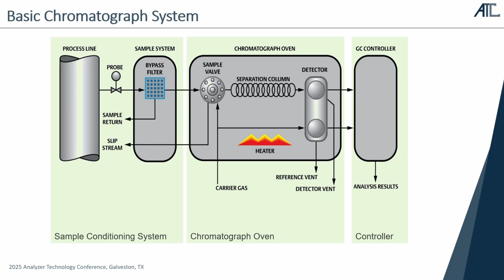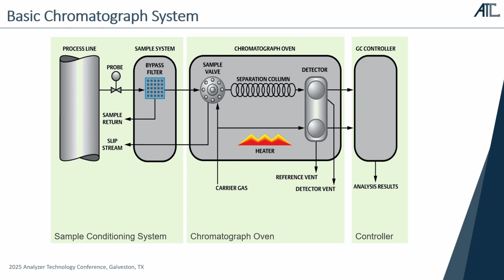All this information gets fed into the controller, which is on the right side of the diagram. There all the data are processed and reports are created, and these analysis reports can be sent to your flow computer or SCADA system, DCS, or other types of control systems. And also the controller controls the operation of the GC.